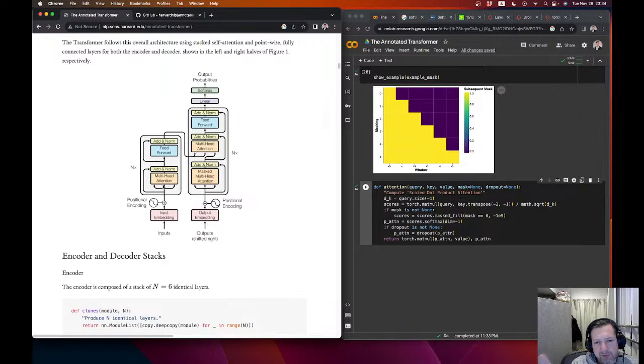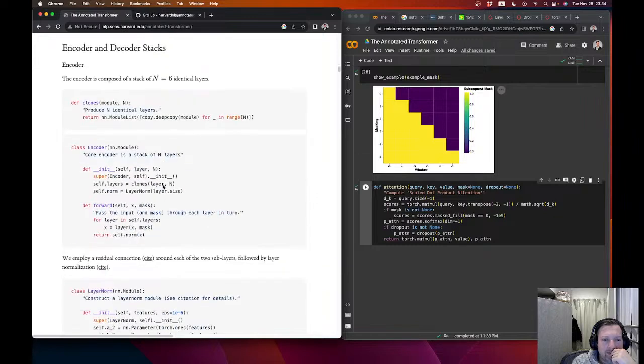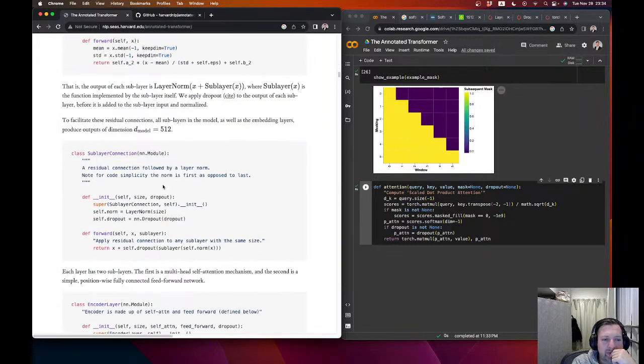There must be some relationship between that and the size of these attention heads, and that's where the size of the keys and values and the queries must come from.